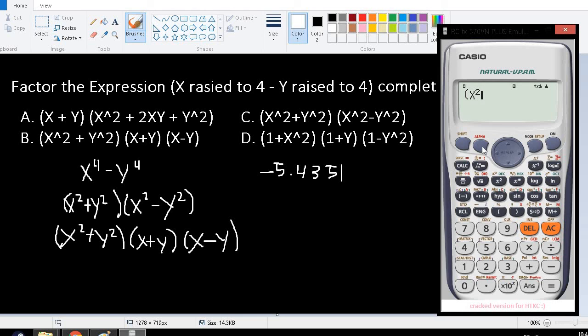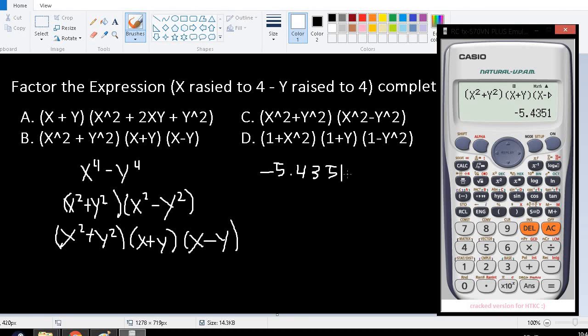Letter B: x squared plus y squared, parenthesis x plus y times x minus y, calc equals, and you get the answer negative 5.4351.